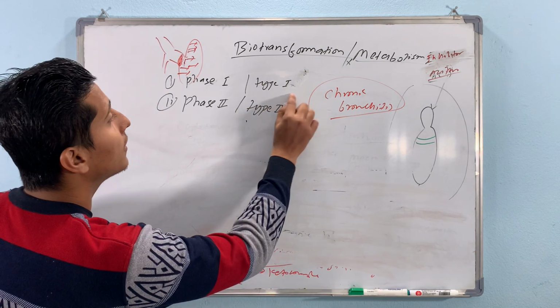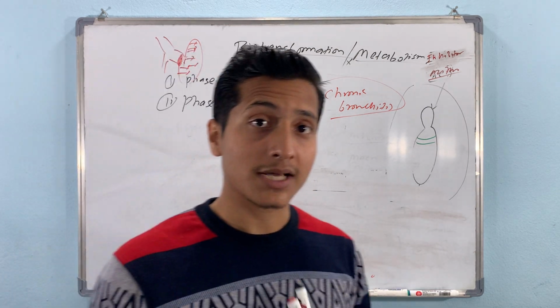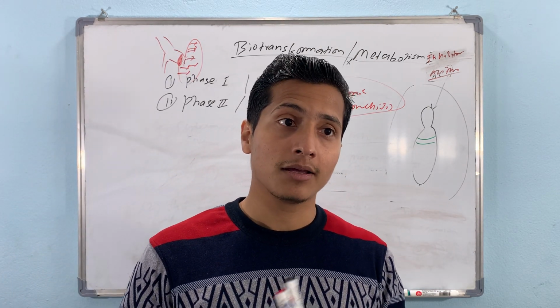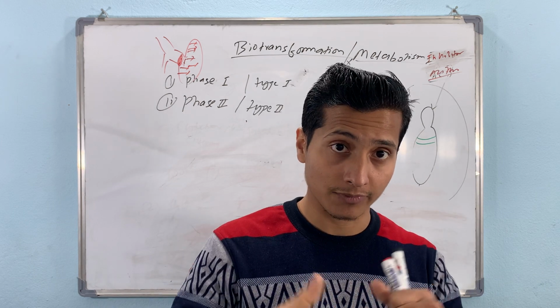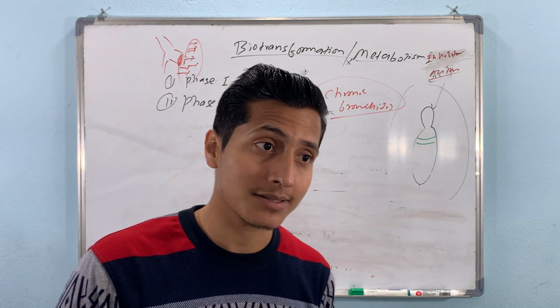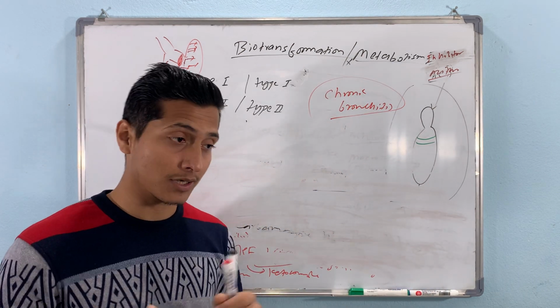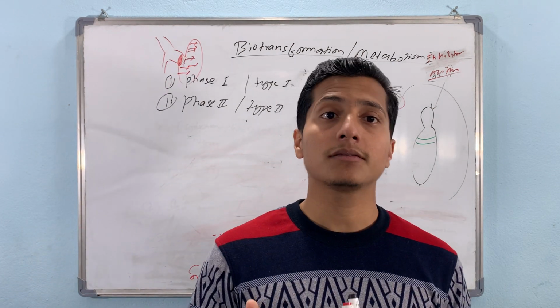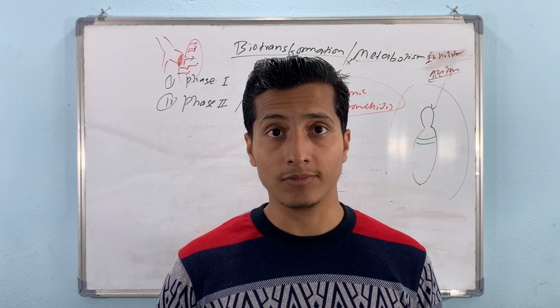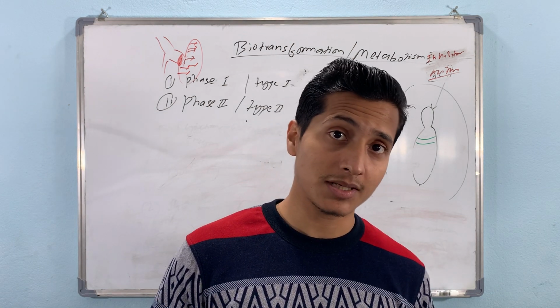Now, under the phase 1 or type 1 reaction, we talked about the different kinds of phase 1 reaction that can be oxidation, reduction, or hydrolysis. And under oxidation, we talked about reactions that involve the cytochrome P450 enzymes, right?